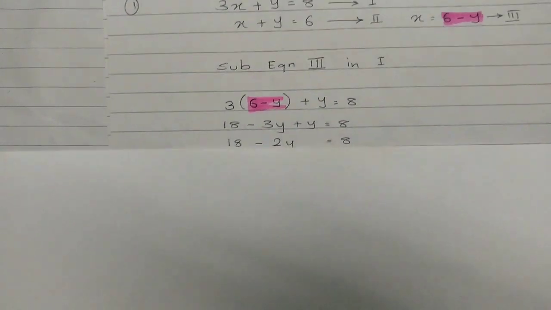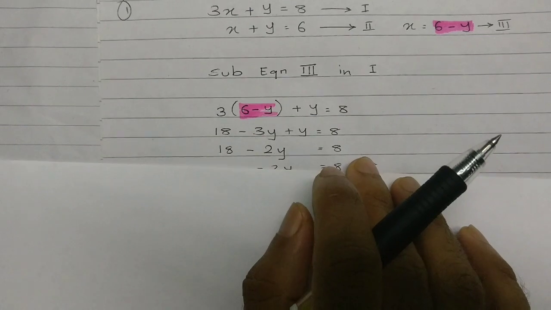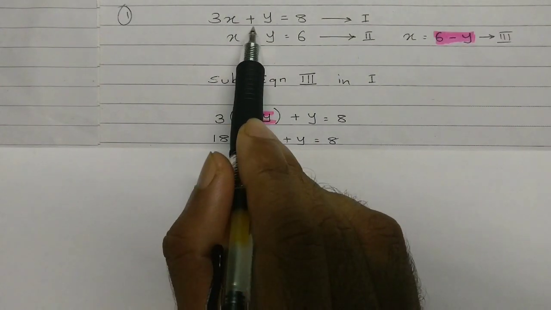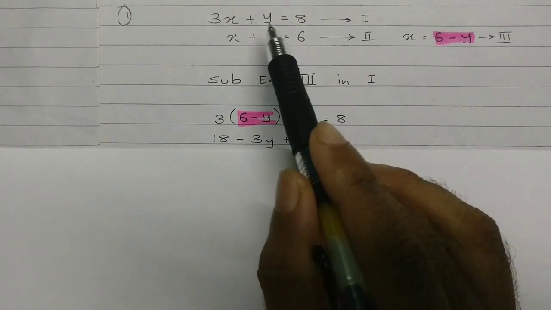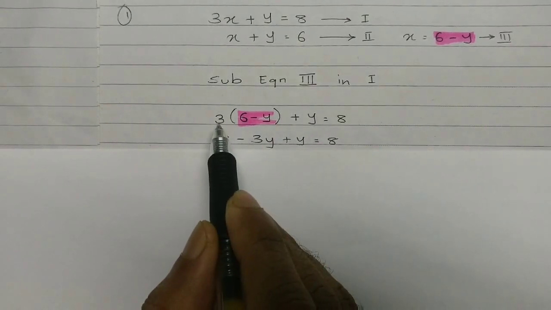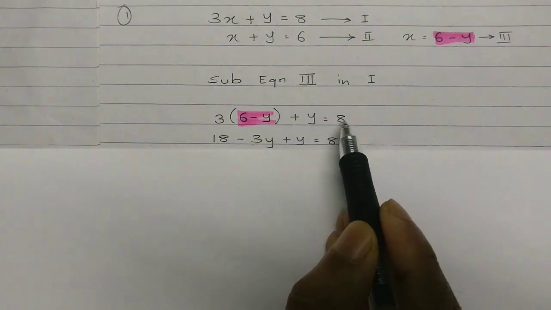Okay, so once I do that, this would become the first equation. I hope you can see it. Yeah, 3x plus y is equal to 8. I'm substituting in place of x, I will put 6 minus y. So 3 times 6 minus y, plus y is equal to 8.